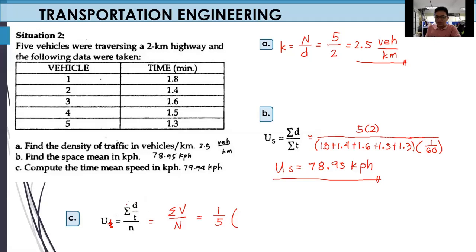So v natin is d over t. So distance over time. So therefore, lagay natin, no? 1 divided by, distance natin is 2 kilometers pala. 2 divided by our 1.8 na time plus 2 over 1.4.